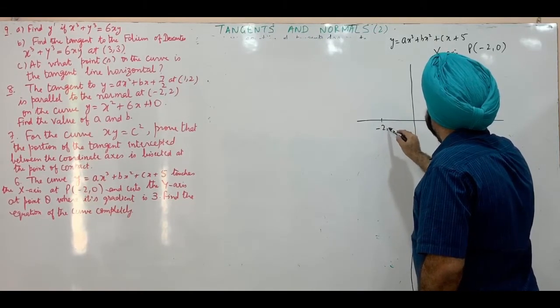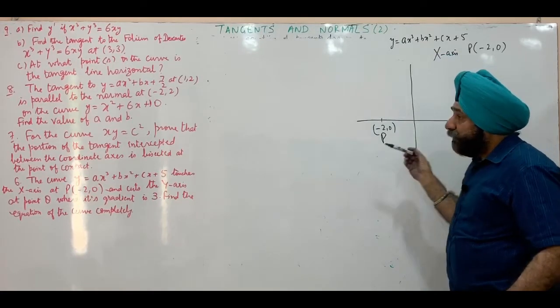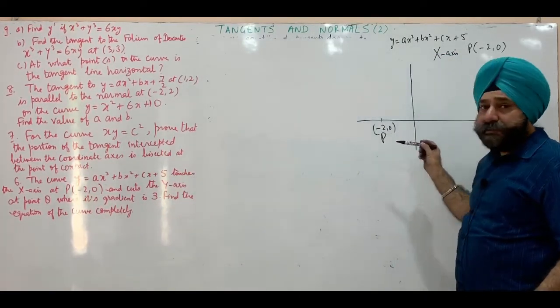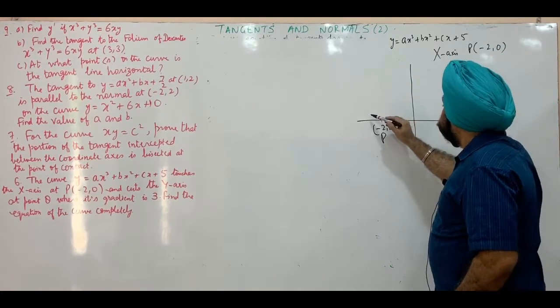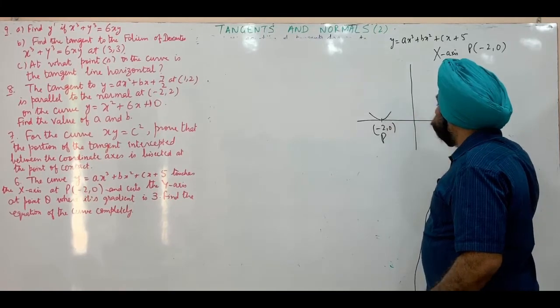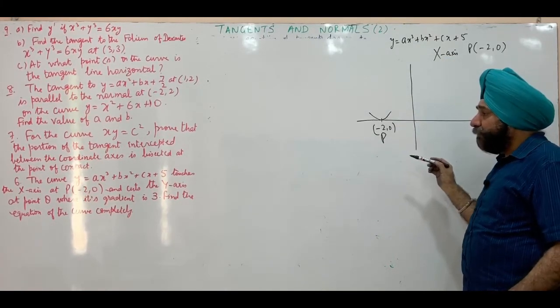So this is minus 2 comma 0, point P. We are given the curve touches the x-axis. This means the x-axis is a tangent to the curve. So this is the curve, and the x-axis is a tangent to the curve.